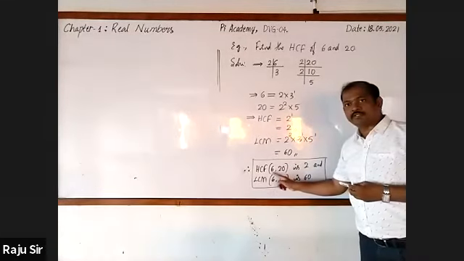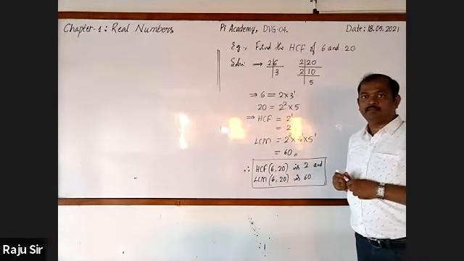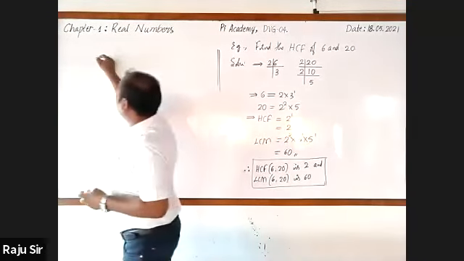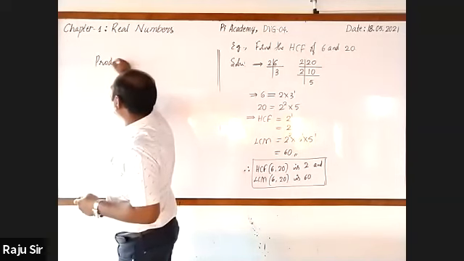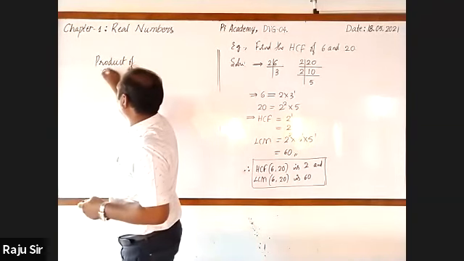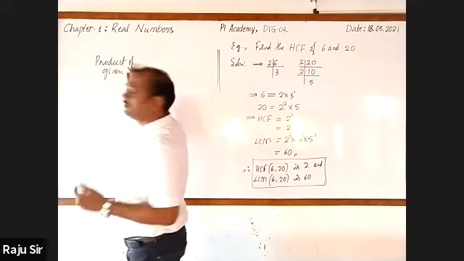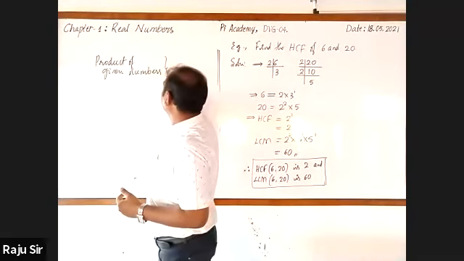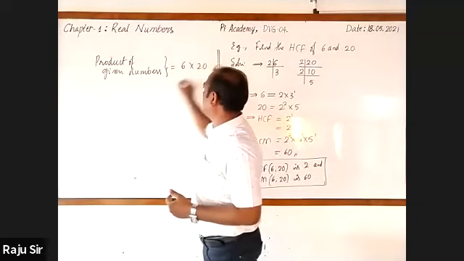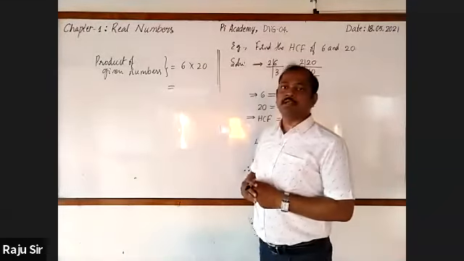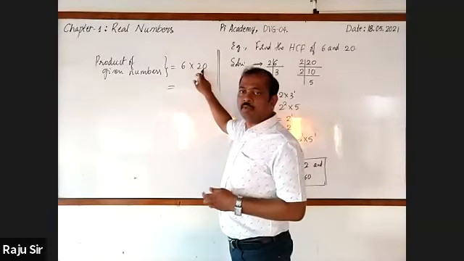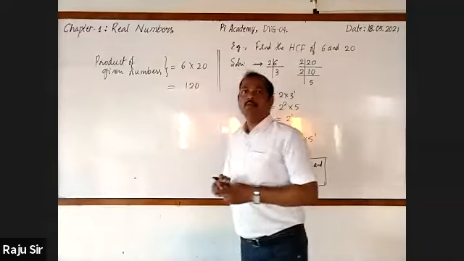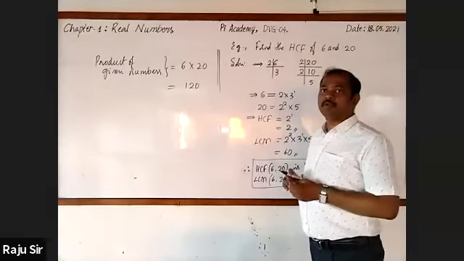The given numbers are 6 and 20. Let us go for multiplying them. That is product of given numbers. Please don't write, just observe. It is 6 and 20. Then what will be the product of 6 and 20? You have 0, 6 2s are 12, 120.